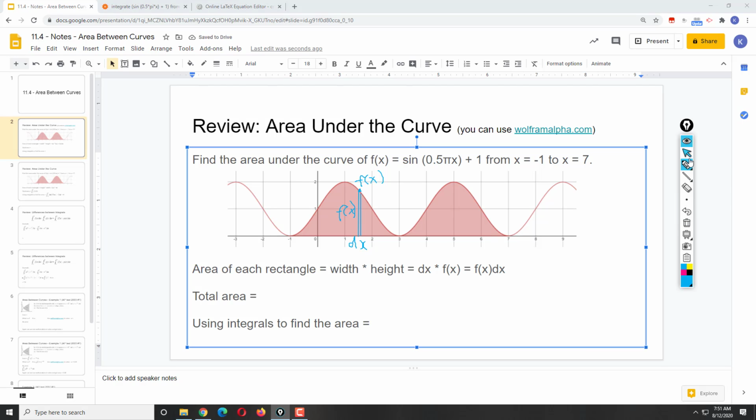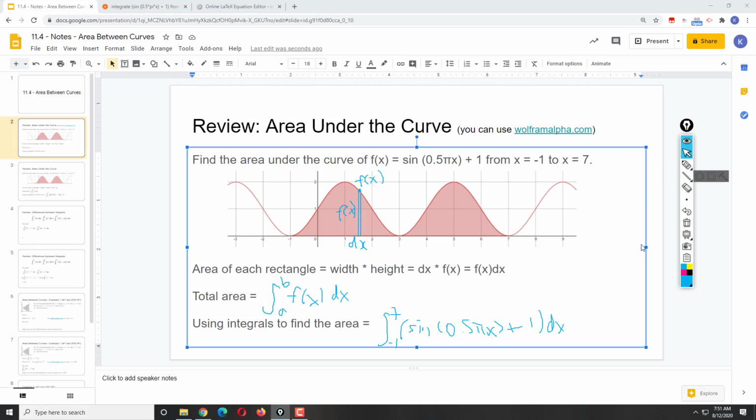That's why the total area of all the rectangles, taking the limit as the width of the rectangles goes to 0, is the integral from a to b, our two endpoints, of f of x dx, which for our problem is going to be from -1 to 7 of sine of 0.5 pi x plus 1 dx.